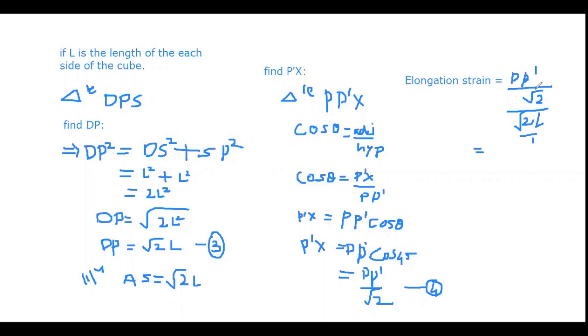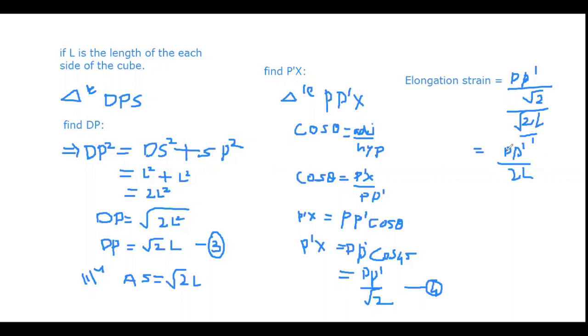Root 2 into root 2 will be root 2 square, the square and the root get cancelled, so this equation will become PP dash by 2L. So this is the elongation strain.